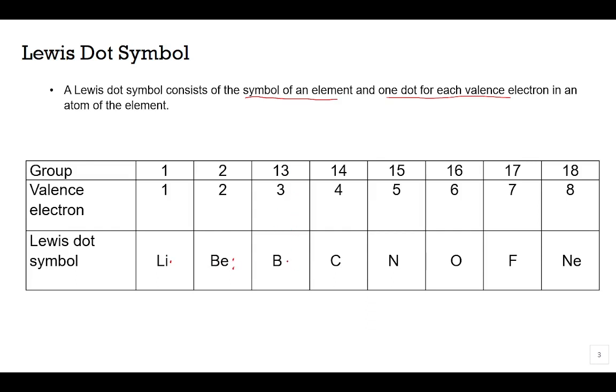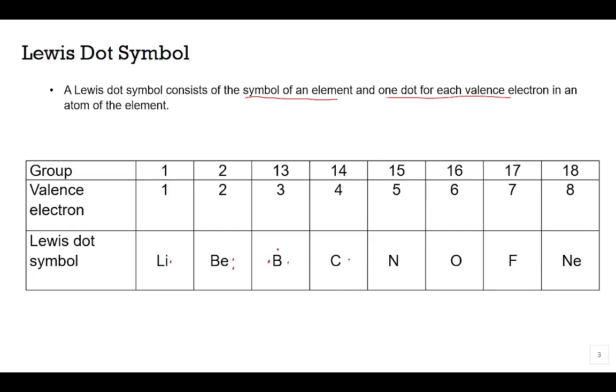Okay, 3, how are we going to put 3 electrons? You can put 3 like this, or 3 like this, also okay, or you want to put it here, also okay, no problem. But usually for this one we are going to put it like this.